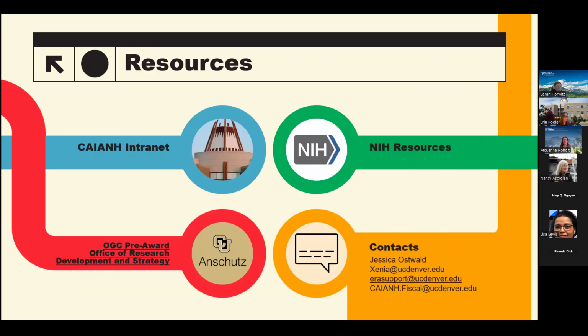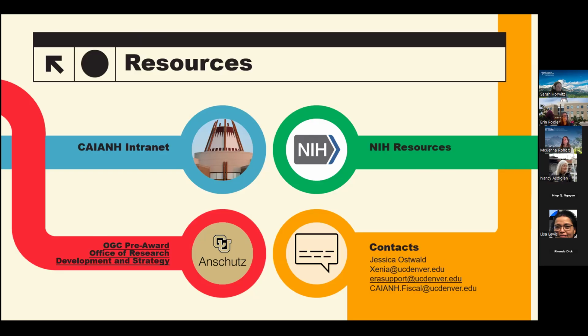As mentioned previously, there are many resources, one of them being the Cayenne intranet. When you're on the Cayenne intranet, you'll go to the Fiscal and Grant Admin tab, and within that, you just scroll down to Grant Management and click on Pre-Award Resources.